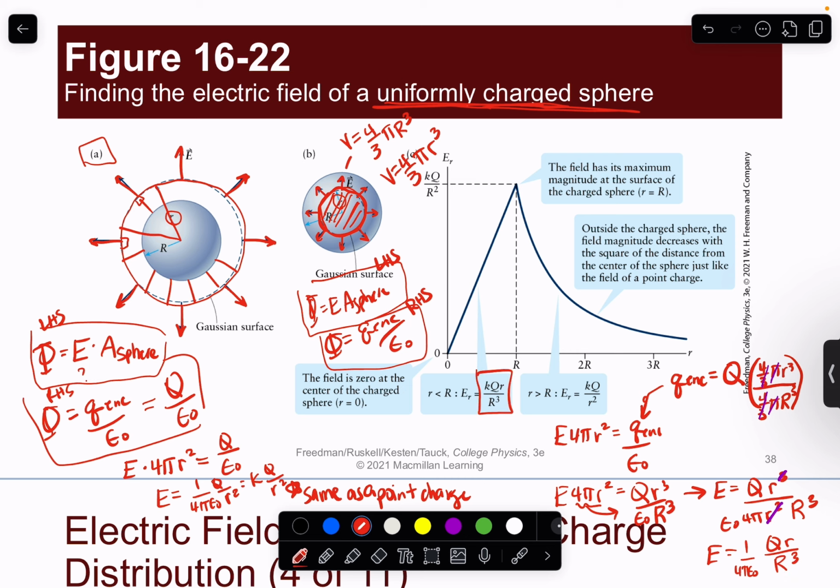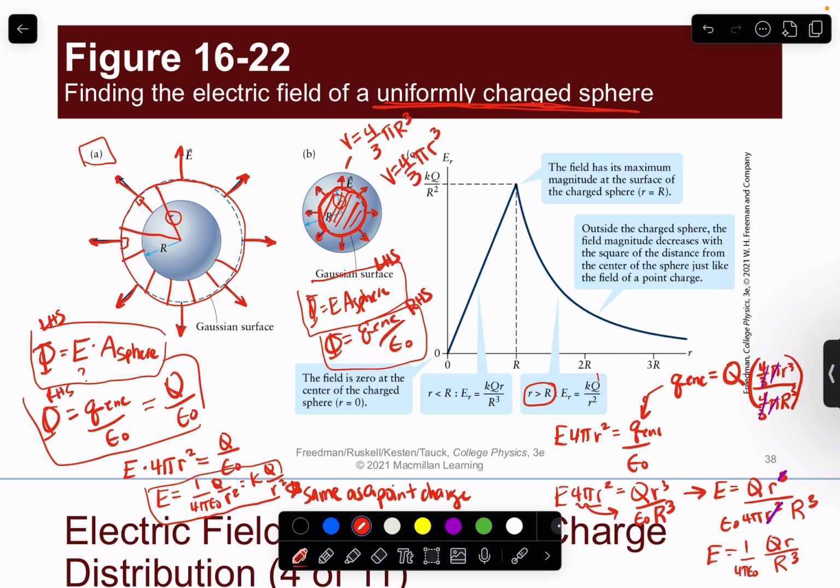This guy right here. Okay, so this graph is a summary of these two equations. We figured out the electric field outside the sphere, so the electric field when the Gaussian sphere is bigger than the physical sphere. There it is right there. That's what we found out over here.